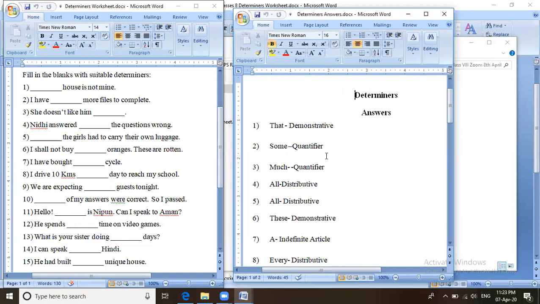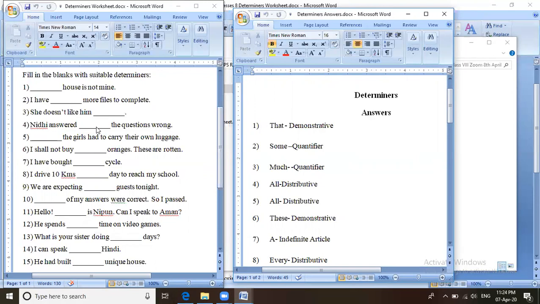Okay, so these are the answers. The first one: that house is not mine. That is a demonstrative. I have some more files to complete. That's a quantifier. She doesn't like him much. Much is also a quantifier. Nidhi answered all the questions wrong.